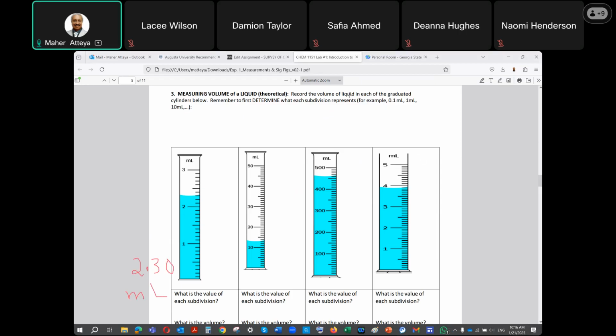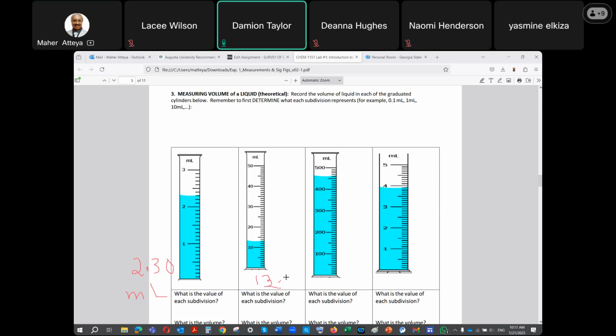How about the second one? 10.30 milliliters. Is it 13 milliliters? He said 10.3, that's 13, correct. 13 point what? 13.00 milliliters, yeah. 2 digits after the decimal.